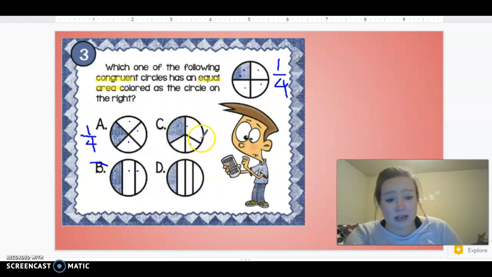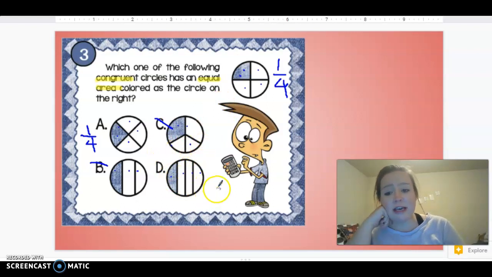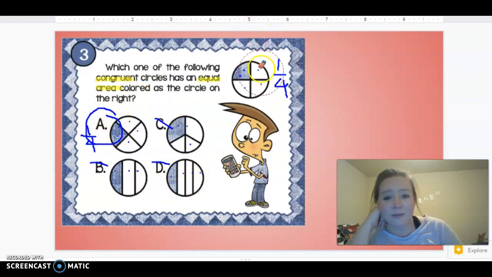Well, I do have 4 pieces here, but are those pieces equivalent? Good job. No, those pieces are not equivalent, so that cannot be your answer. Letter D, 1, 2, 3, 4. But what's wrong with letter D? Good. Those are not equivalent. So the answer here is letter A.